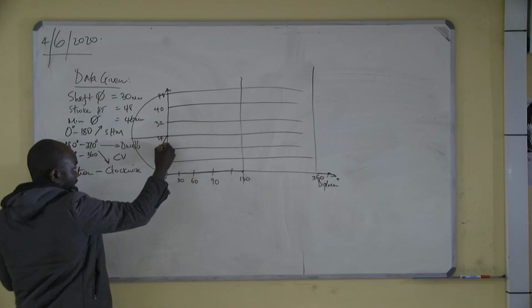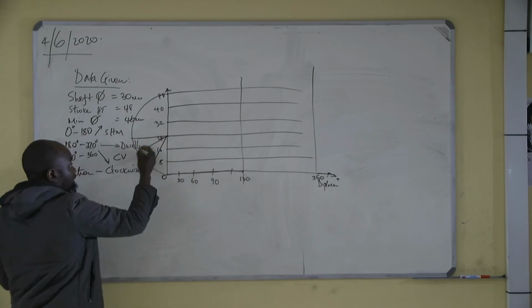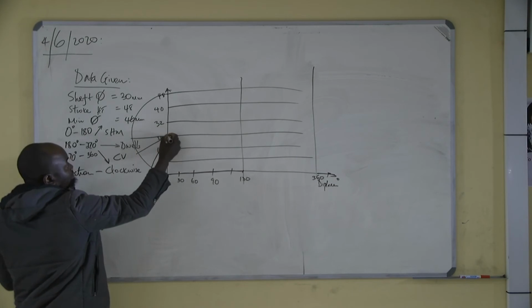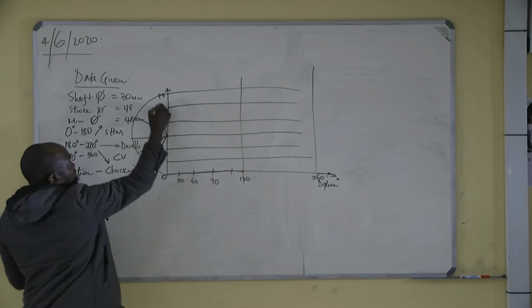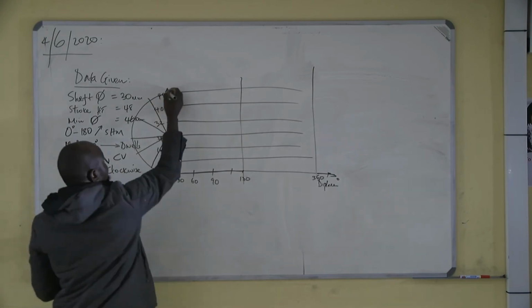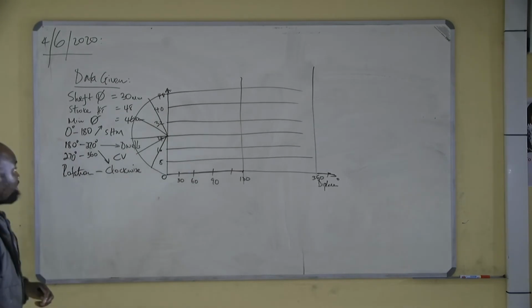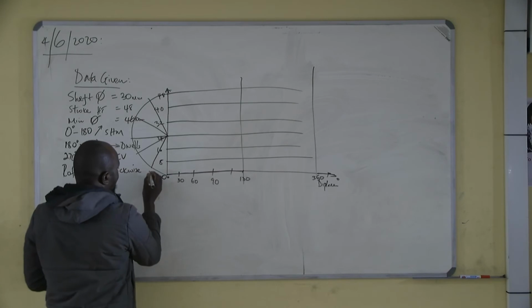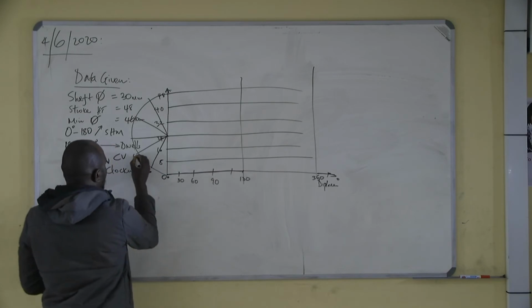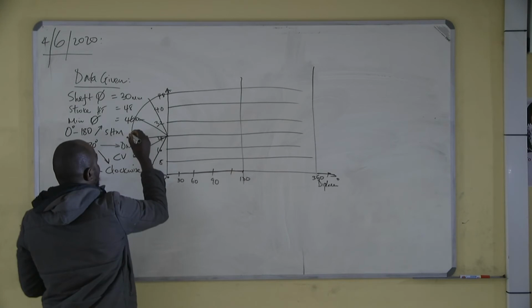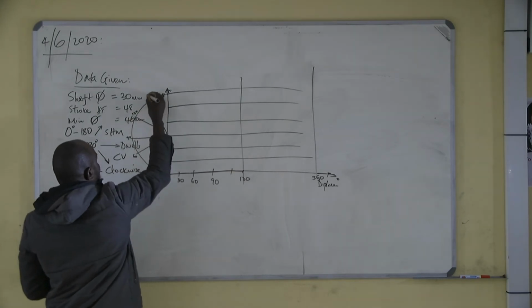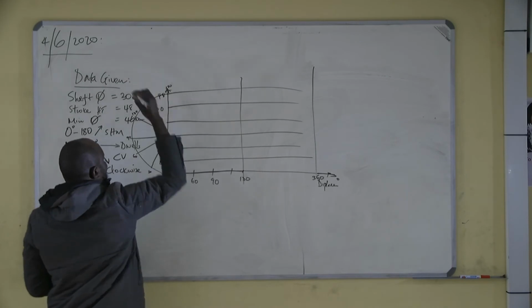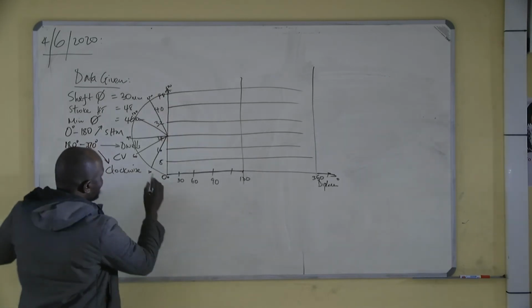So we have our 0, 30, 60, 90, plus 30, 120, plus 30, 150, plus 30, 180.